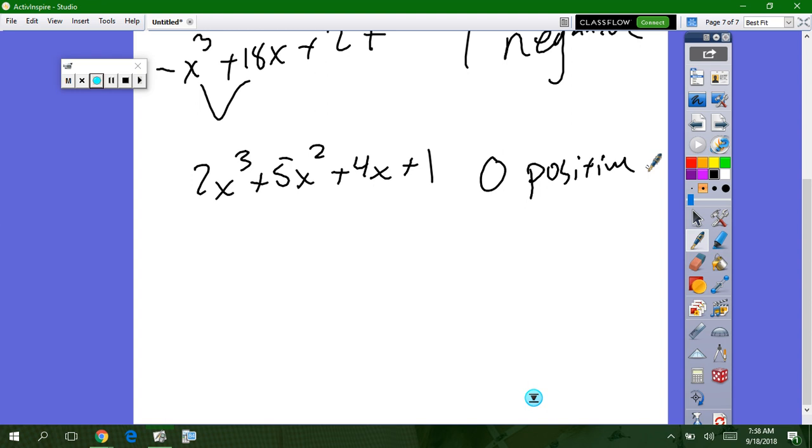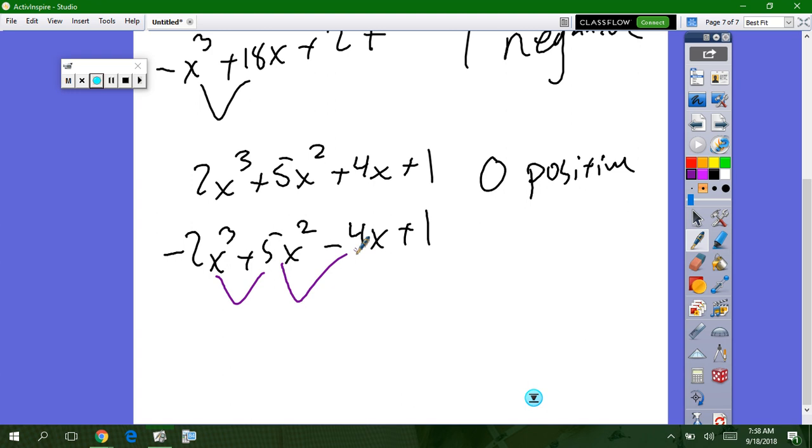Okay, now what if I replace this with -x? Let's see our new equation. What would it come out to be? The -2x cubed. Would he change? No. Would he change? Okay. How many sign changes do we have here? 1, 2, 3.